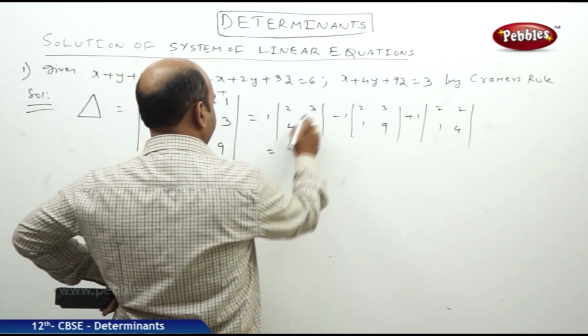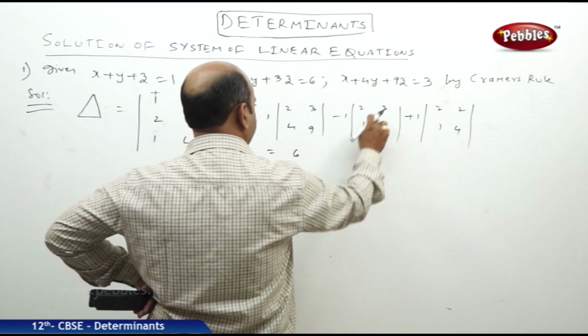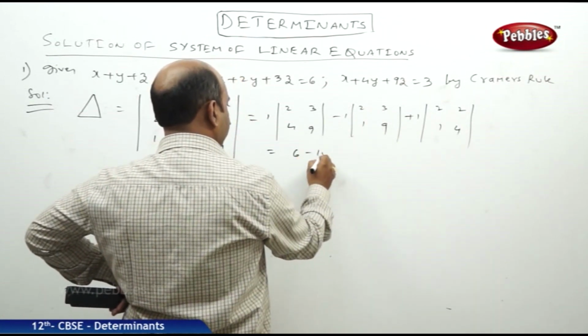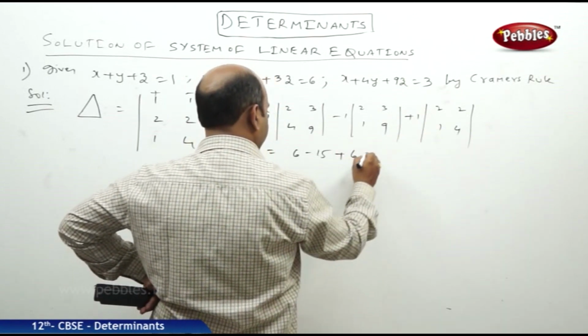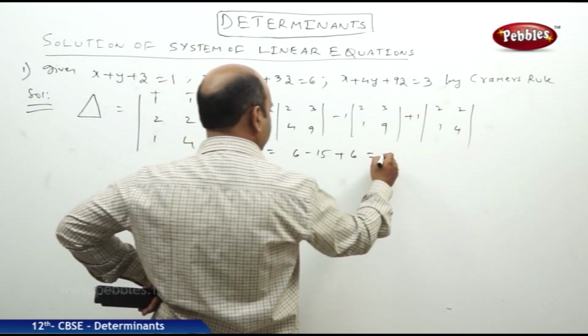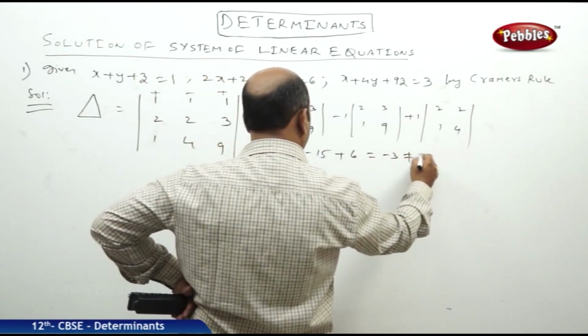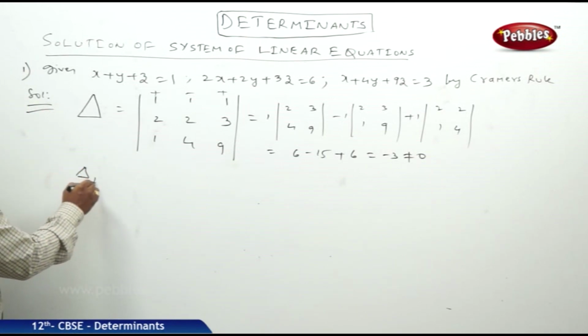So 18 minus 12 is 6, 18 minus 3 is 15, and 8 minus 2 is 6. So what we got is 6 plus 6, 12, and 12 minus 15 is minus 3, which is not equal to 0.